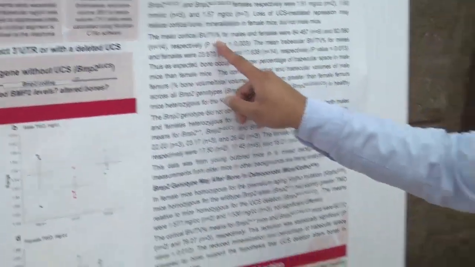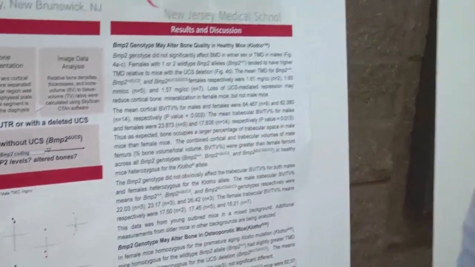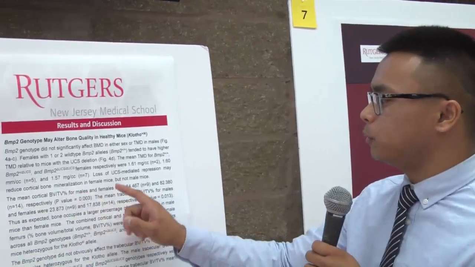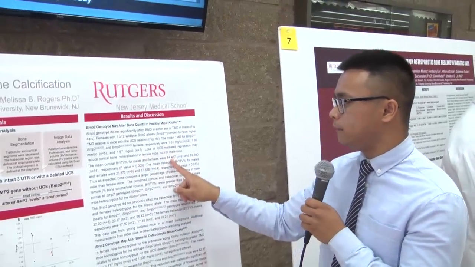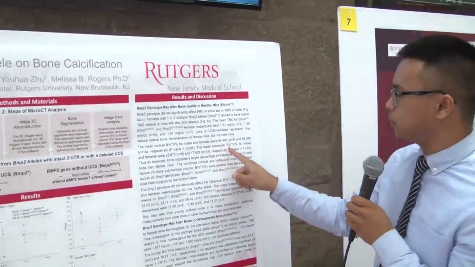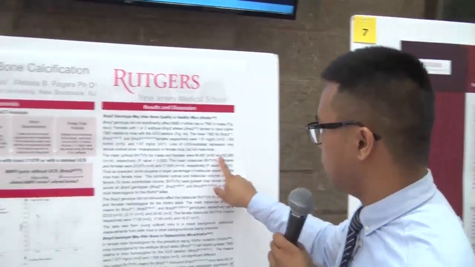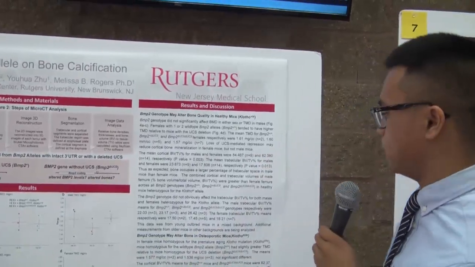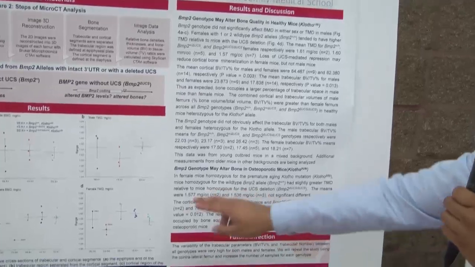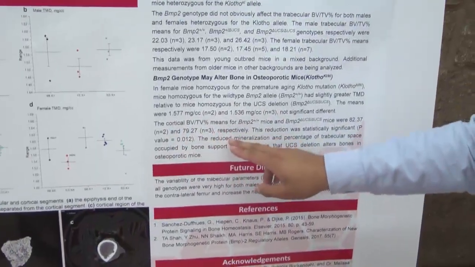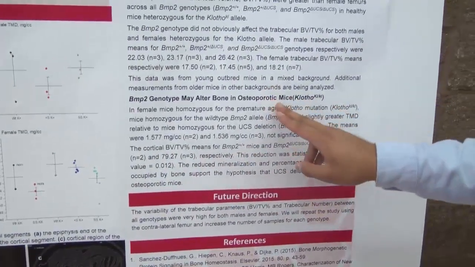Also with our BVTV values, BVTV stands for bone volume to tissue volume density. And with this one, we saw that males had larger BVTV ratios than females. So the males were 84.47%, and this one for the females was 82% as well. Also, a significant data point would be our cortical BVTV means for our osteoporotic mice.